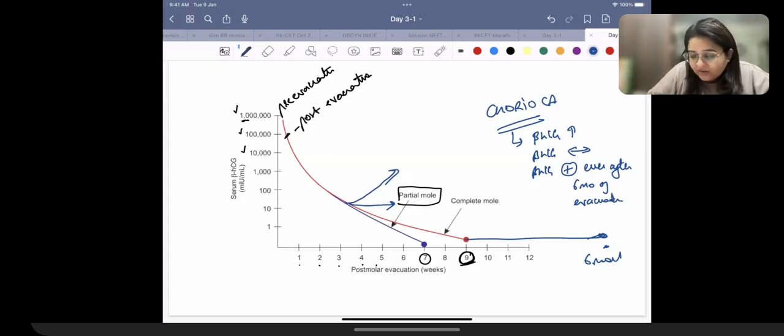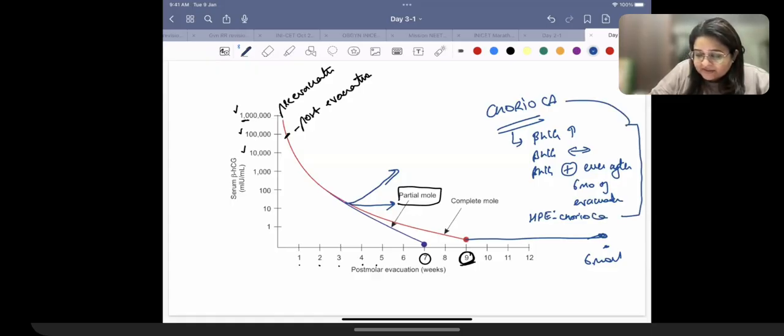Or if the patient comes with a bout of bleeding during this whole surveillance, you do a scan, you find something in the uterus, you do another evacuation, and you send it for histopathology, and that comes as choriocarcinoma. That means you have histopathological confirmation of choriocarcinoma. Any of these four, it is a diagnosis of choriocarcinoma.